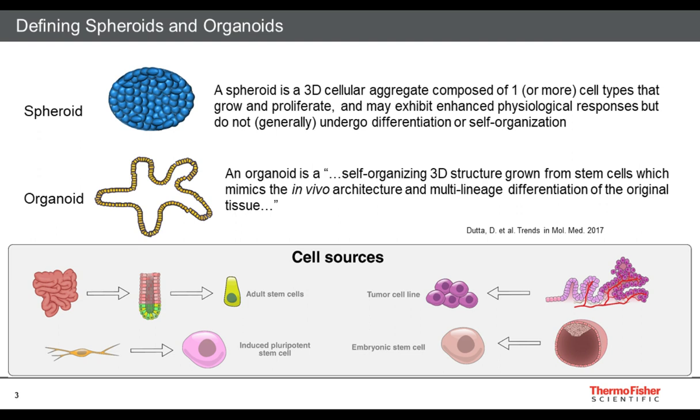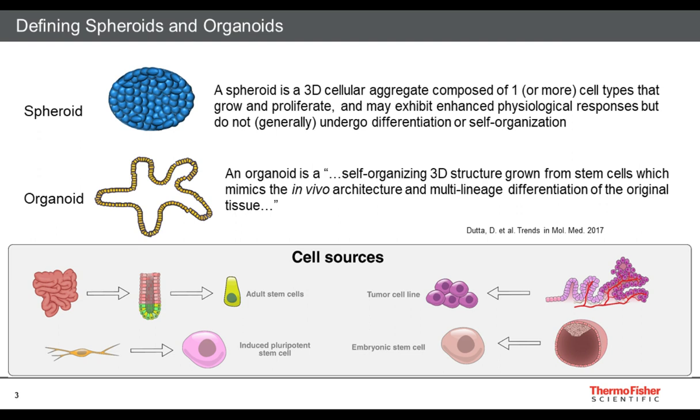In contrast, organoids are typically derived from proliferating populations that are capable of self-organizing. These are often initiated from either pluripotent stem cells or tissue-derived progenitors that are capable of both proliferation and the formation of more complex structures and different cell types.